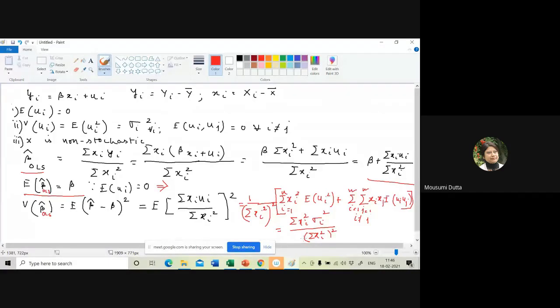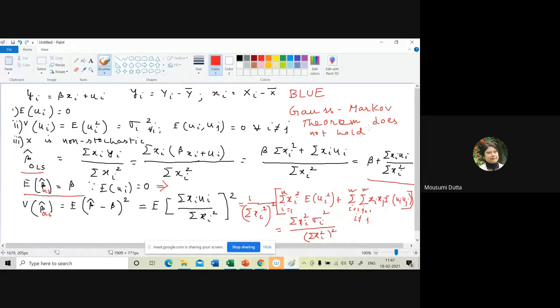Thus, beta hat OLS is not the BLUE, not the best linear unbiased estimator, and Gauss-Markov theorem does not hold.